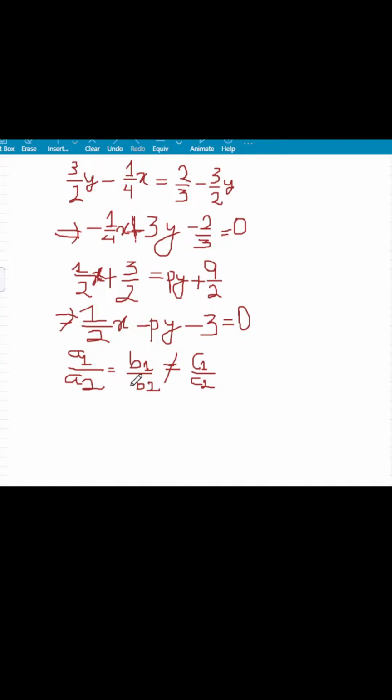Let's find a1 by a2. a1 by a2 is equal to minus 1 by 4 divided by 1 by 2, which will be minus 1 by 4 multiplied by 2, which is minus 1 by 2.